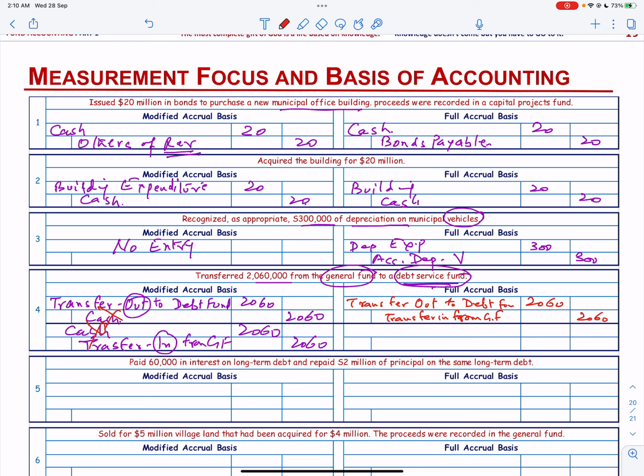And then we are going to reverse this entry at the end of the year, and so nothing will appear on the government-wide financial statement.